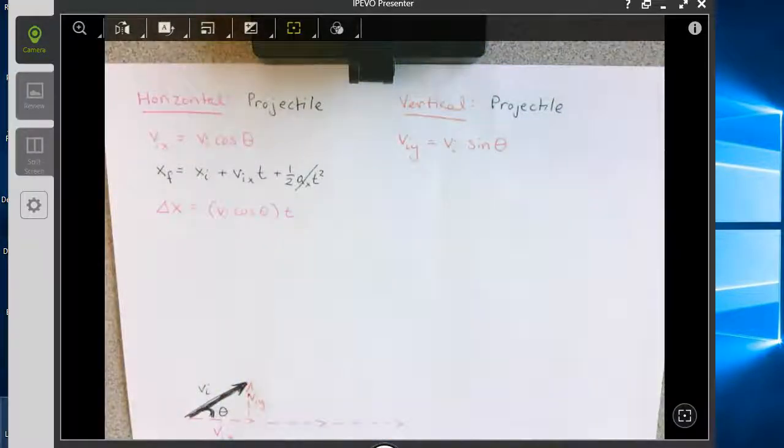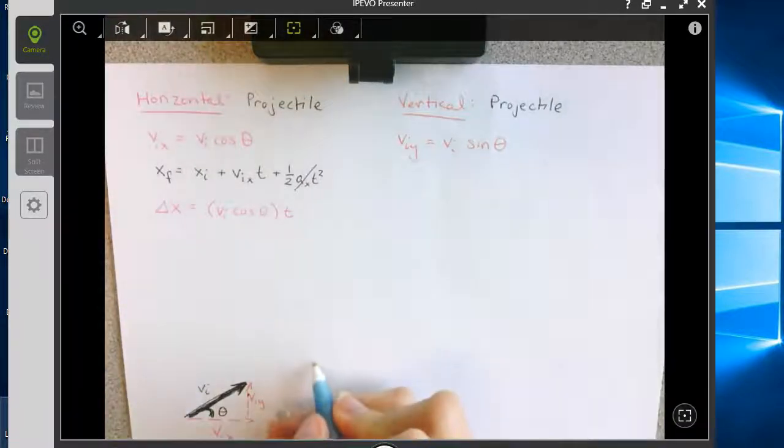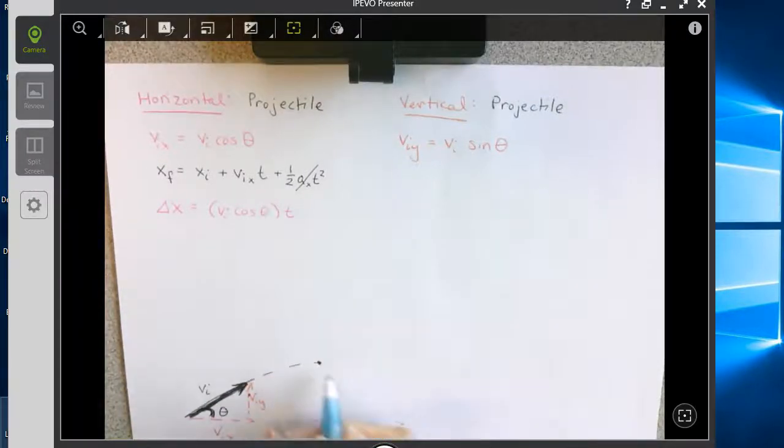You'll notice that already that velocity is going to change. It's going to slow down as you get higher and higher up until finally, after all that slowing down, you're not going to have any vertical velocity at all. And then you're going to start picking up speed on the way down until you finally land.